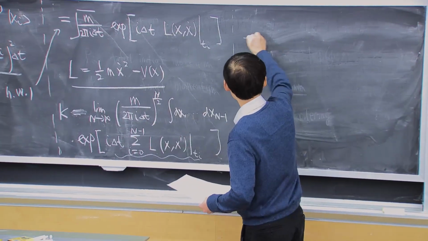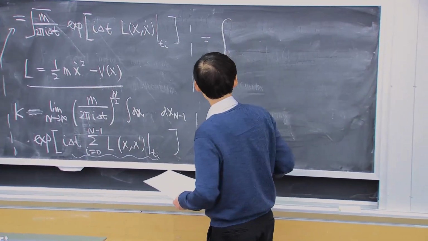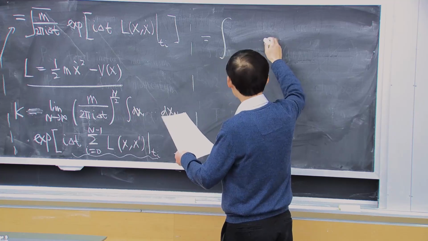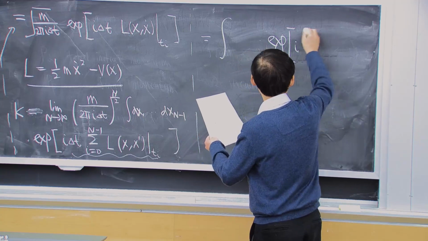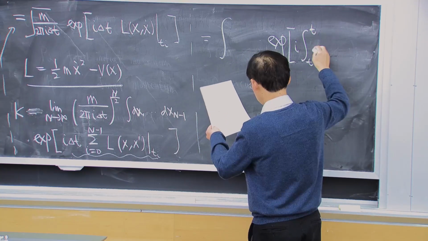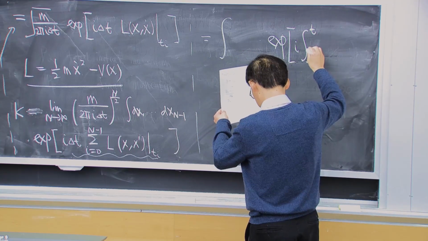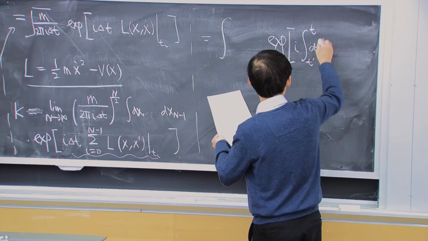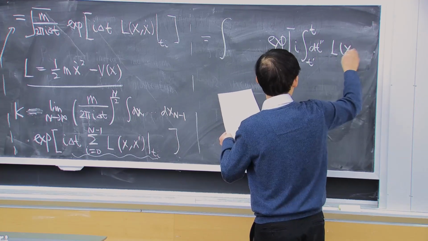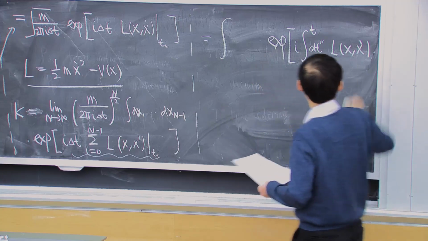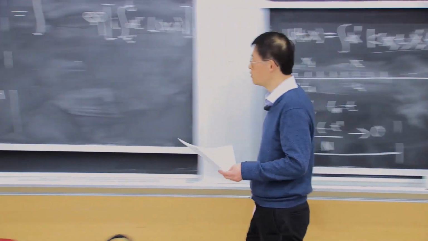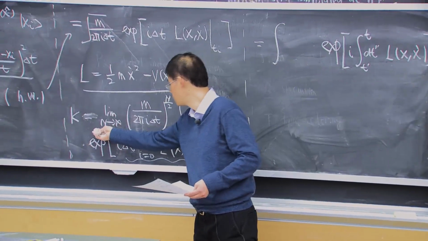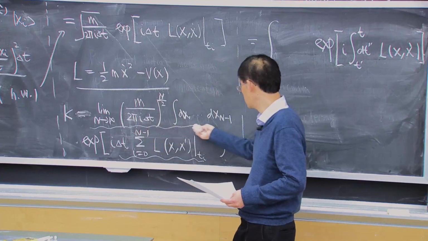So the exponential part we can write as the exponential of i times the integral from t prime to t of dt double prime L(x, x dot). The integrand just becomes that. But we still have this whole bunch of complicated stuff, taking n to infinity.